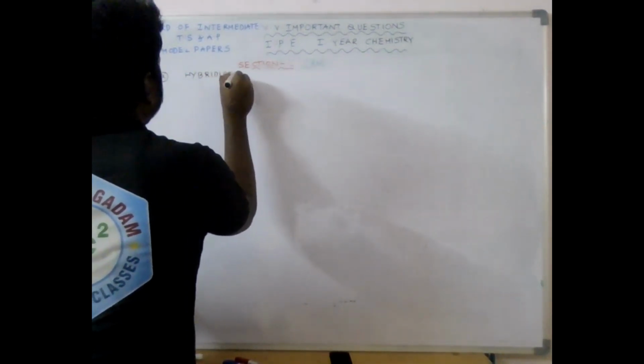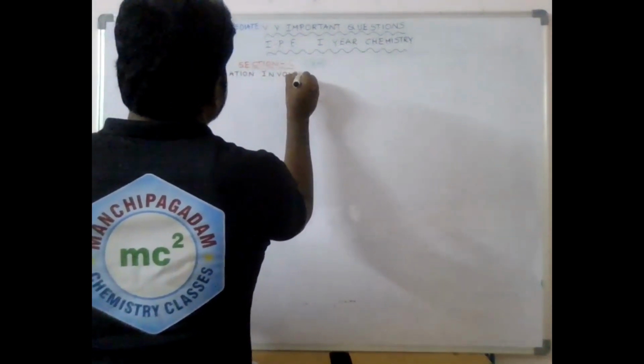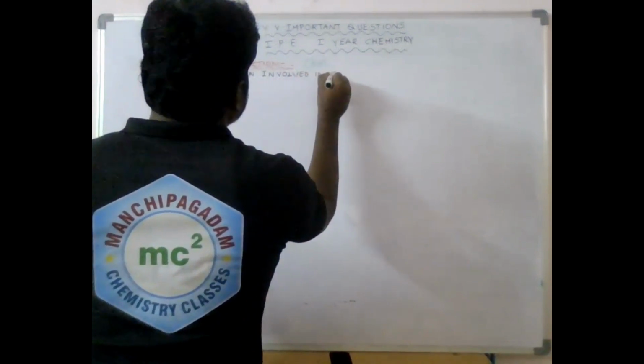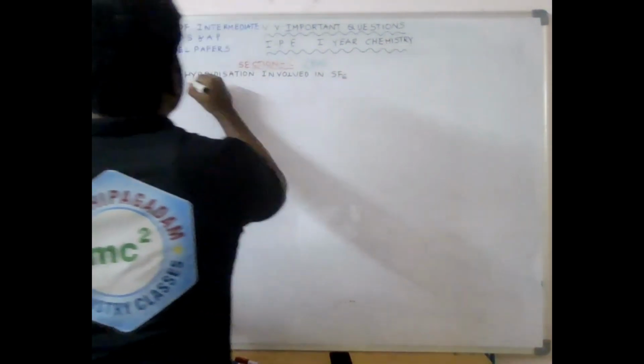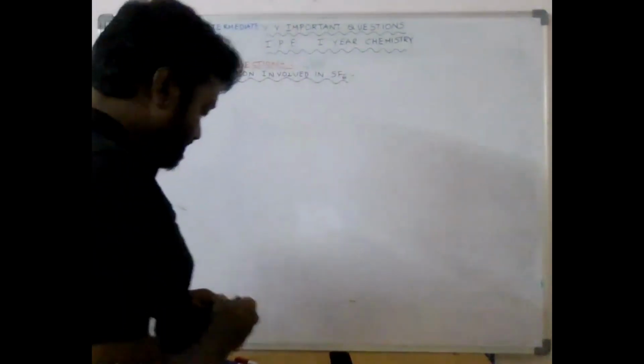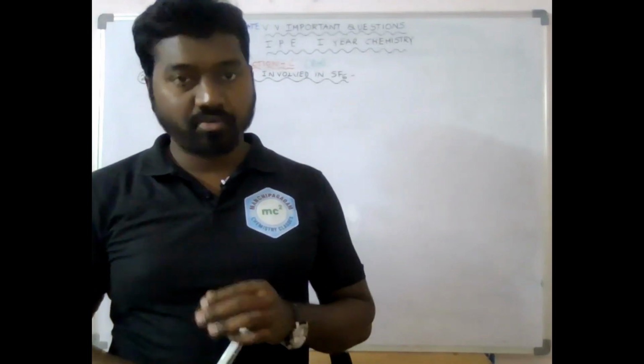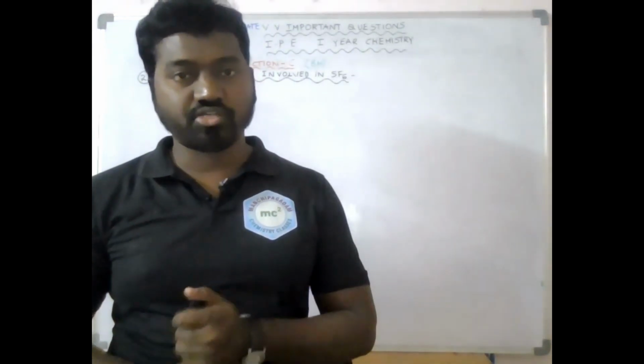Hybridization involved in SF6 molecule. So we know that according to valence bond theory, if 2 sigma bonds are there, then that undergoes sp hybridization.